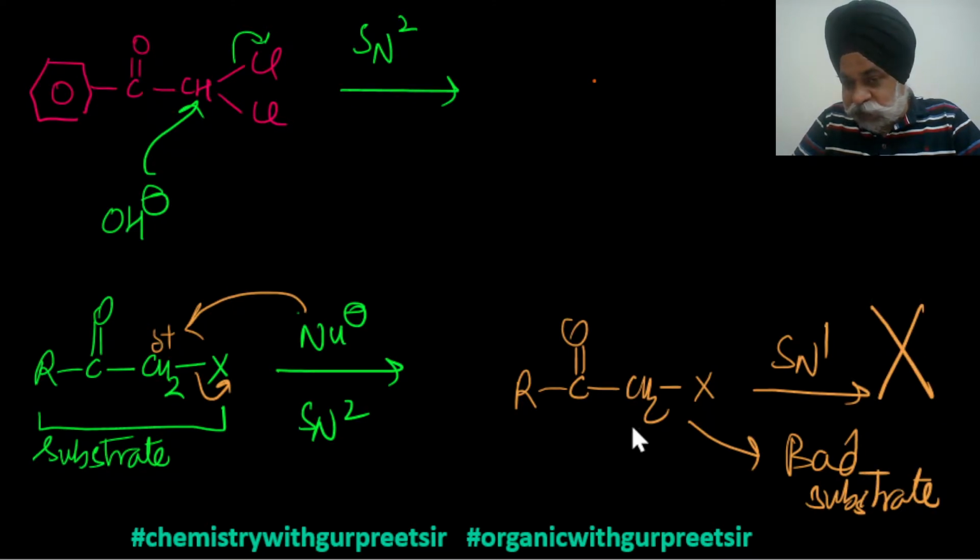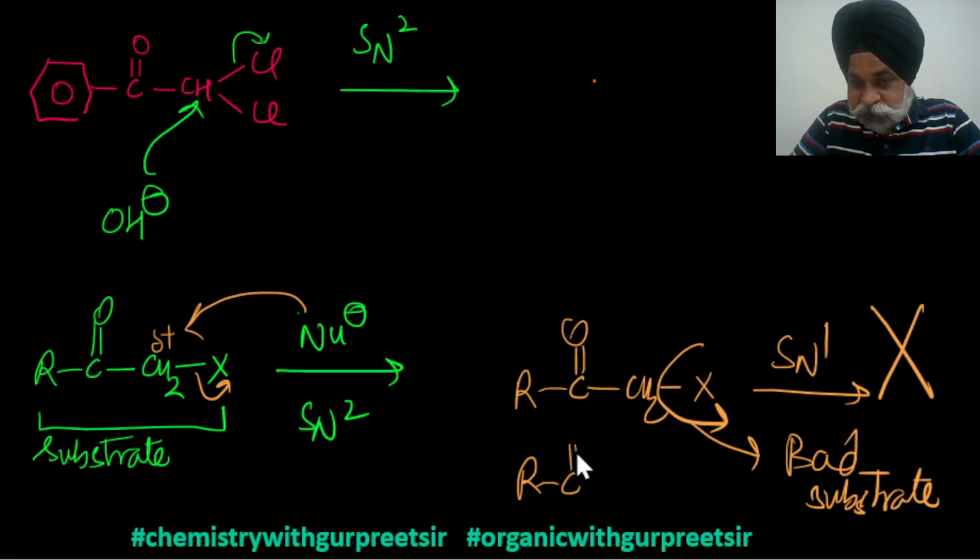So SN1 would never happen, because in SN1 the X negative goes out in the first step, leaving behind a carbocation which is highly unstable, because the carbonyl group would destabilize this carbocation. So the substrate where the second carbon to the carbon halogen bond contains a carbonyl group is a very good substrate for SN2 but a very bad substrate for SN1.